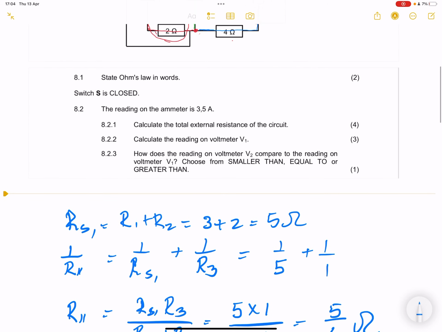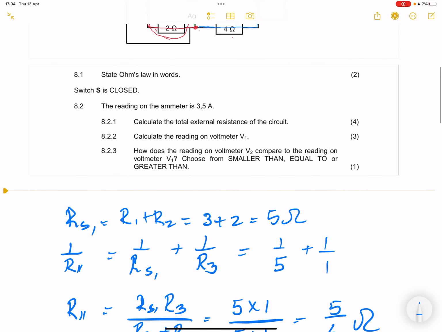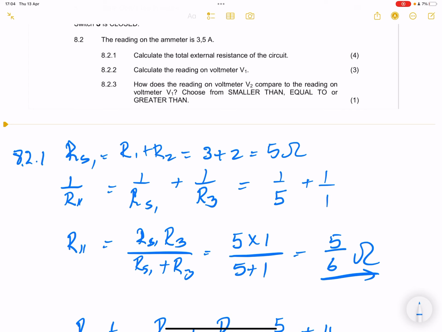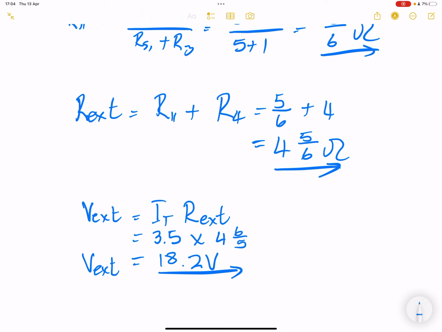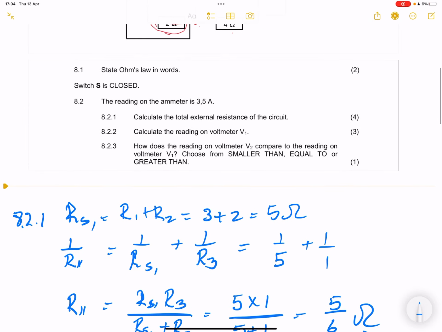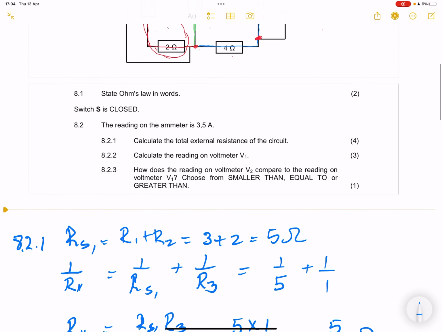I did not label those very clearly, and it's really terrible for me to do so. So that's going to be 8.2.1, okay? And we wanted V1. In fact, V1 is actually V external. So that's 8.2.2, right? And then the last question in that bunch, they say, how does the reading on V2 compare to the reading on V1?